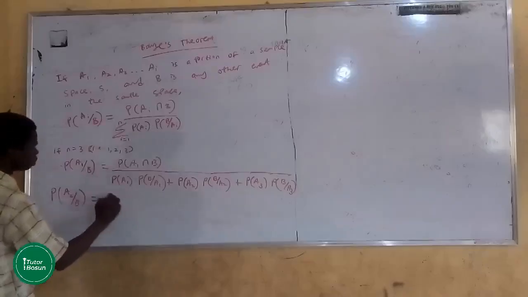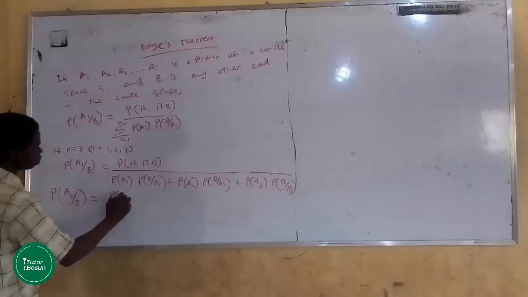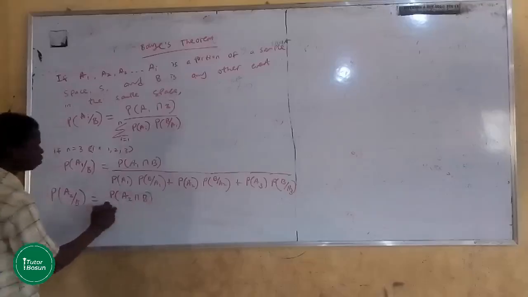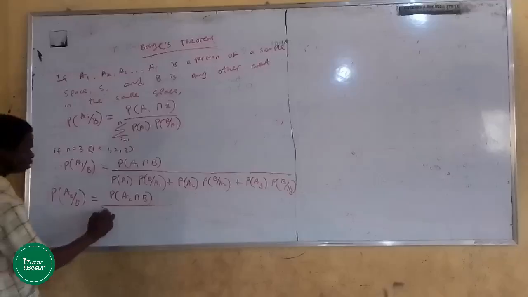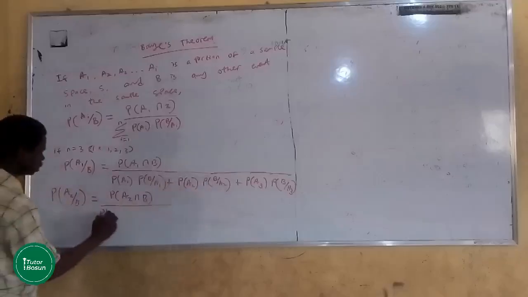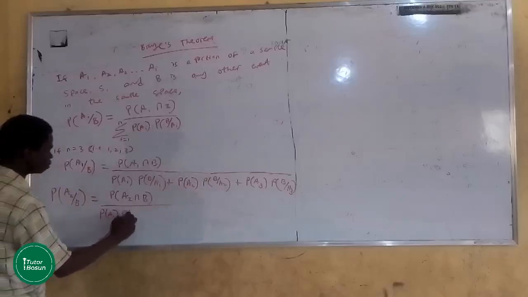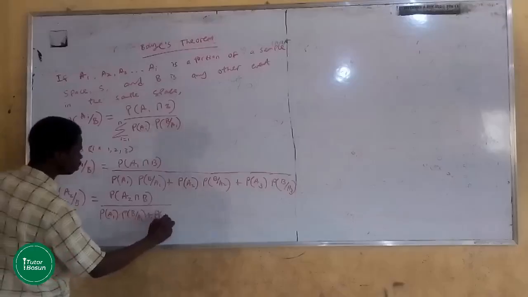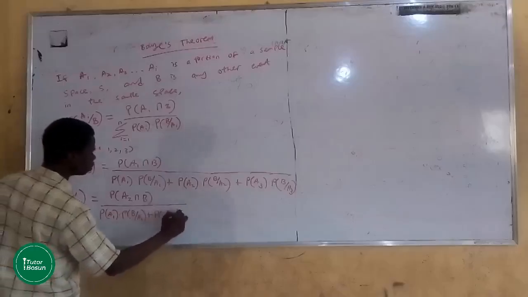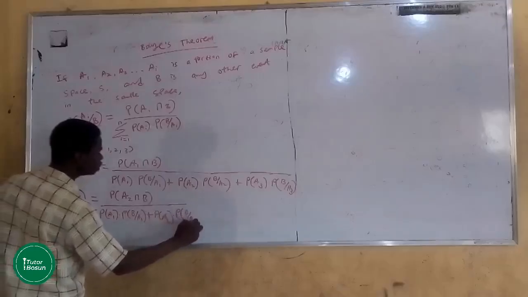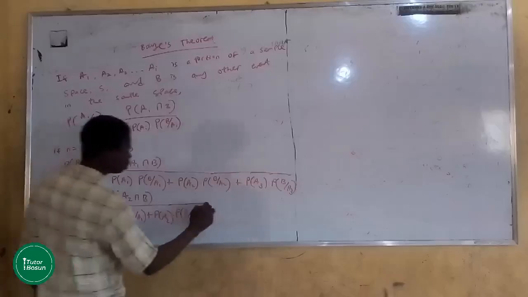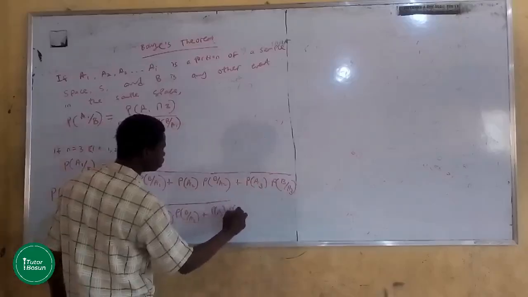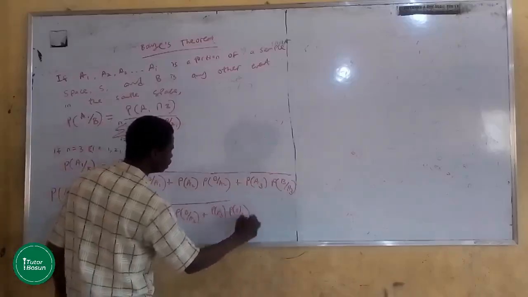So for this, we have the probability of A2 intersection B over the probability, everything here, you write it here as well: the probability of A1 multiplied by the probability of B given A1, plus the probability of A2 multiplied by the probability of B given A2, plus the probability of A3 multiplied by the probability of B given A3.